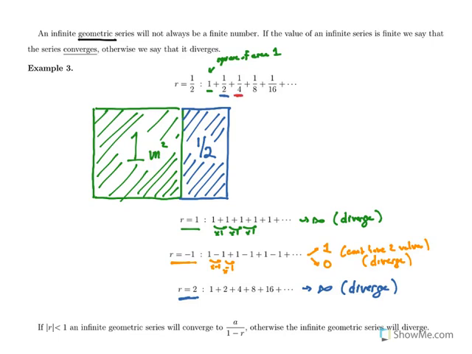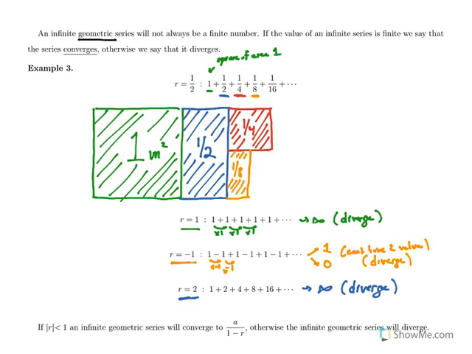Then we are going to add a 1/4, 1/4 of our original square. Then we are going to take 1/8 of our original square, which is half of the 4th.